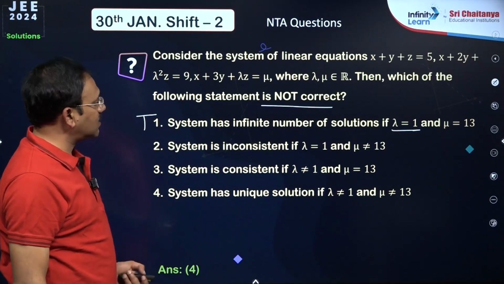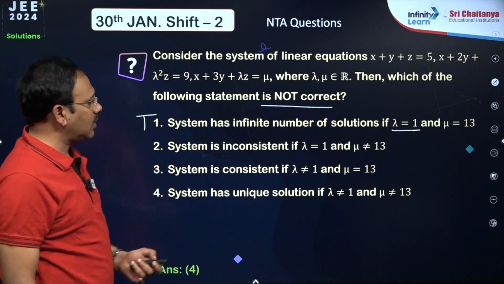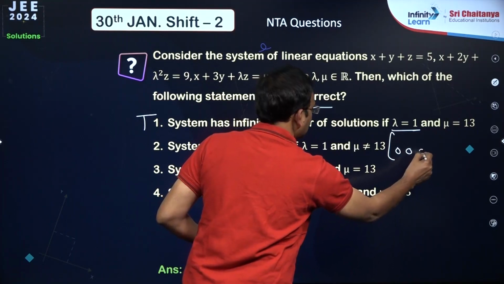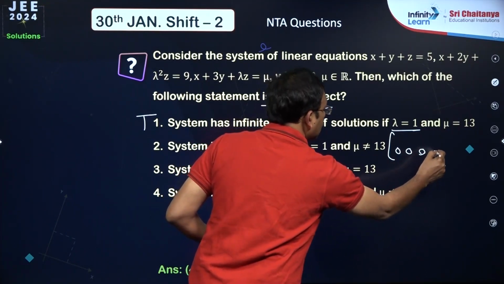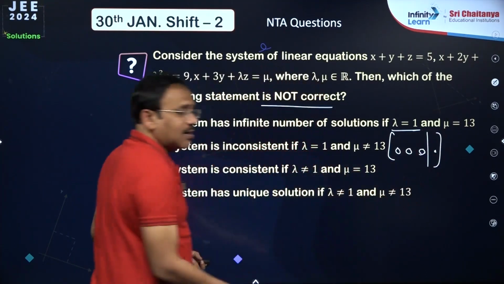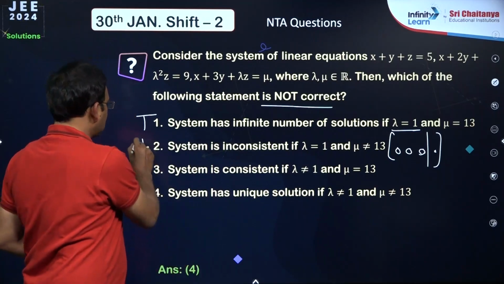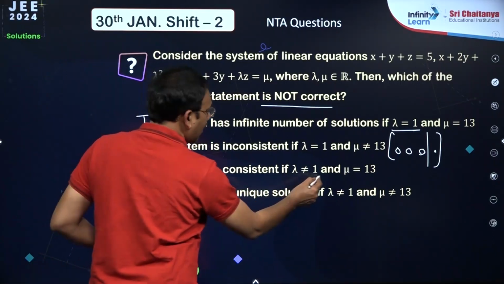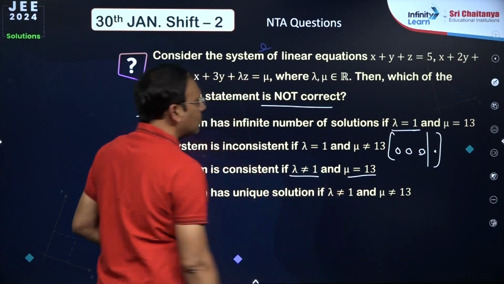System is inconsistent if lambda is 1, mu not equal to 13. Correct, because here you will get 0, 0, 0 and here a non-zero number. It is inconsistent, no solution will come. This is also true. In the same way, system is inconsistent if lambda not equal to 1 and mu is equal to 13.